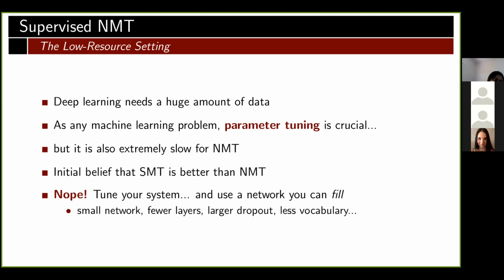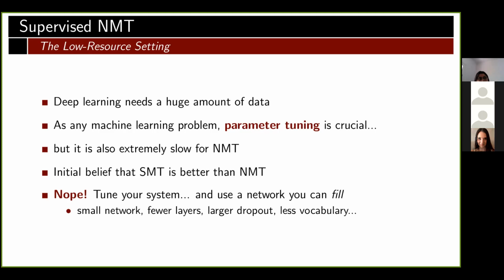So if you have, say, 10 hyperparameters you would like to explore, and your training for English-German takes 1 week, it's clear that you cannot explore all the parameters the way you would like. That's a general problem that lots of deep learning architectures face these days: hyperparameter tuning is really expensive and very slow.